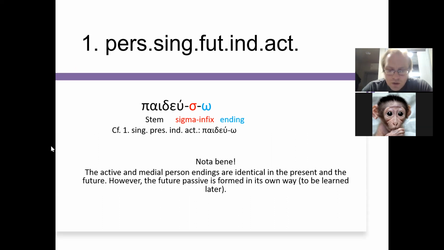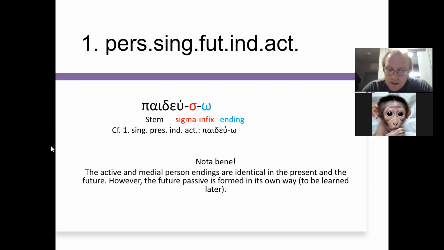The basic principle for the construction of future forms of verbs in classical Greek, and this rule applies both to the active and the middle voice, is to place a sigma between the verb stem or root of the verb, and then add the person endings after this sigma infix or suffix, whatever you like.